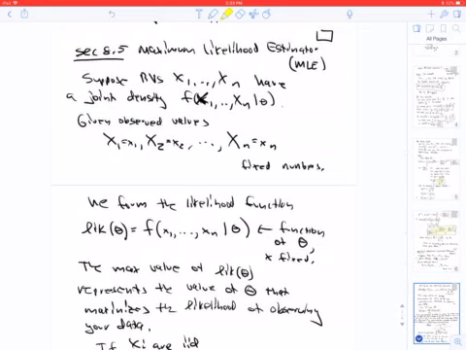So next we visited the MLE. So the MLE, we start with some random variables with a joint density. So we make some observations, and we form the likelihood function, which treats the x's as fixed numbers and the theta as variable.